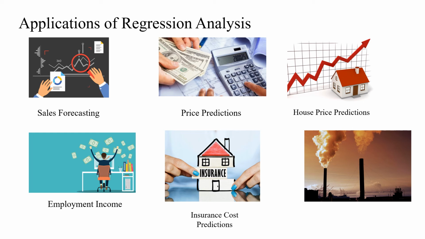And then there is the air quality index. You can also make air quality predictions using regression analysis. You can measure the level of nitrogen in the air, sulfur dioxide in the air, oxides in the air, and so on and so forth, and find out the air quality index in a region. Regression analysis applications do not stop here.